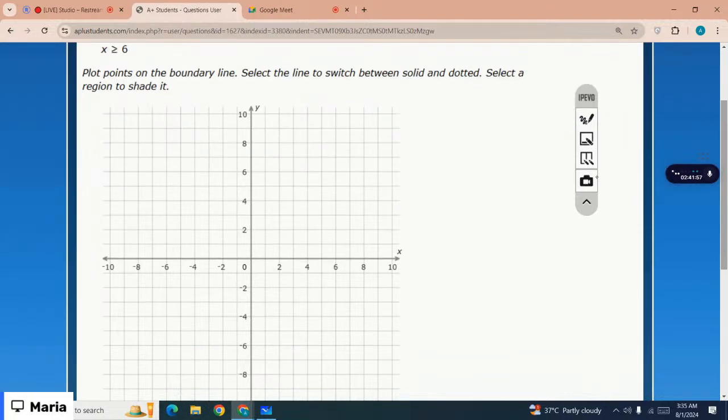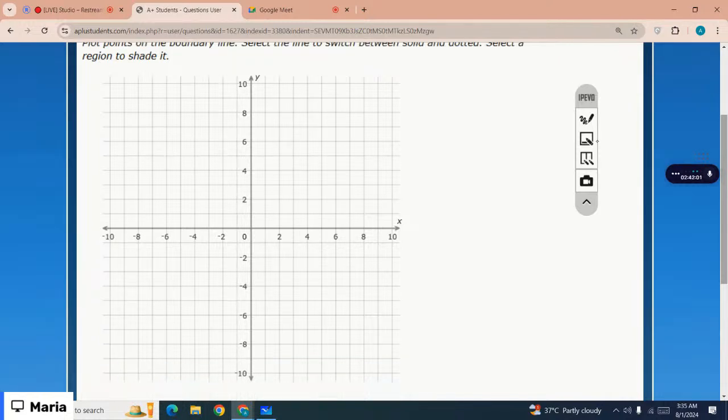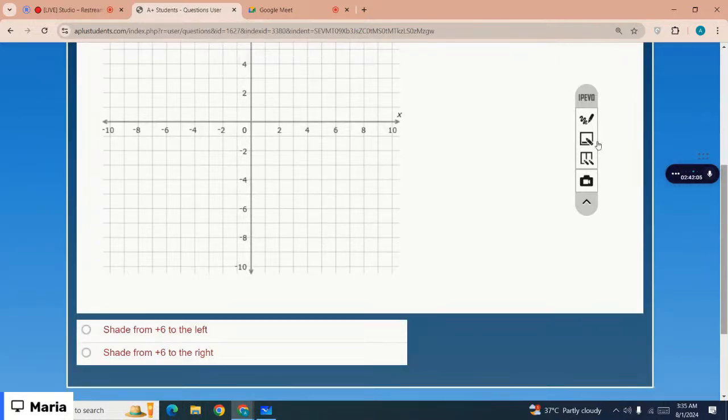So x is greater than or equal to 6, right? That means all the values that are on the right hand side of the positive 6 are the solution. So shade starting from positive 6 to the right hand side of 6. So option number 2 is the correct option.